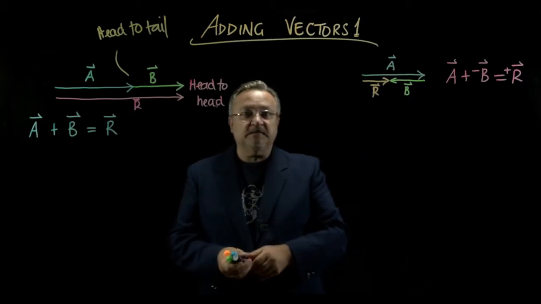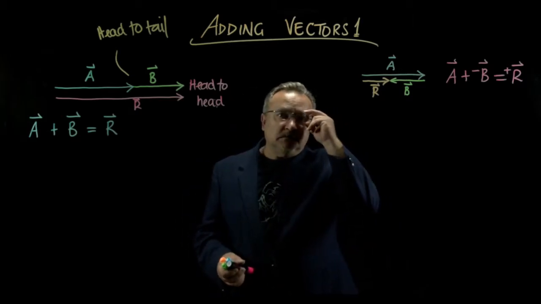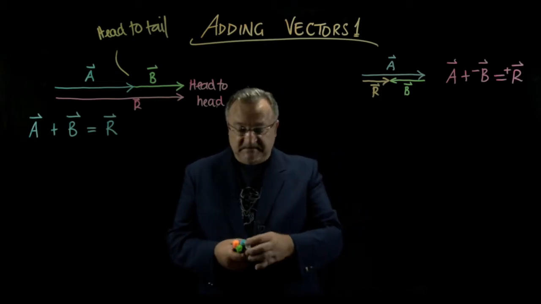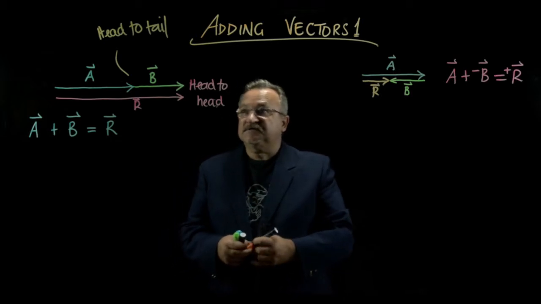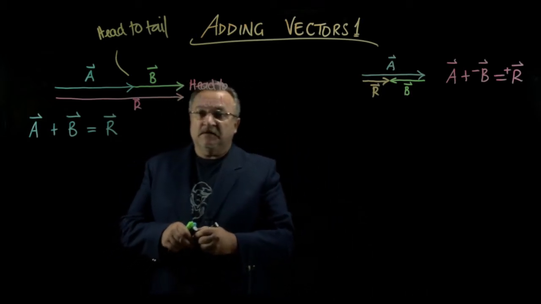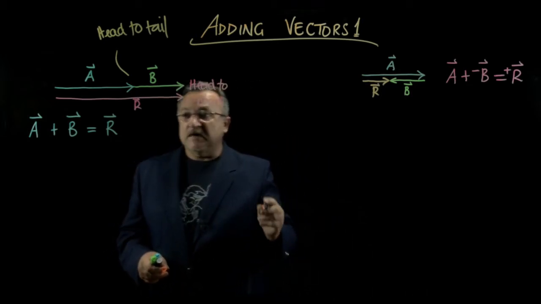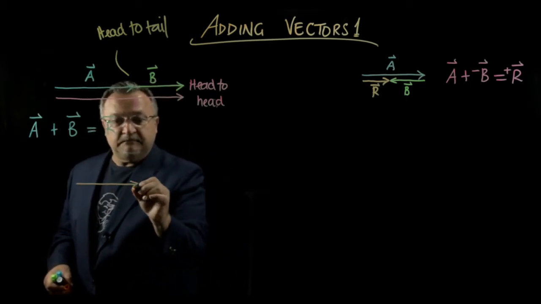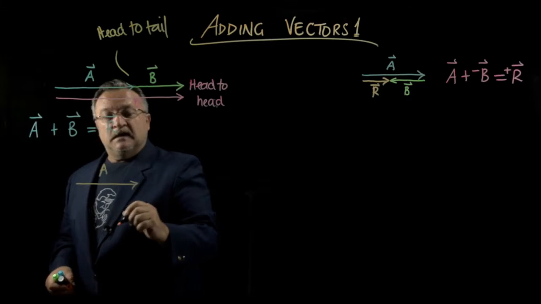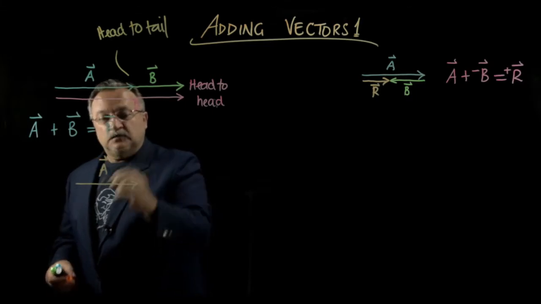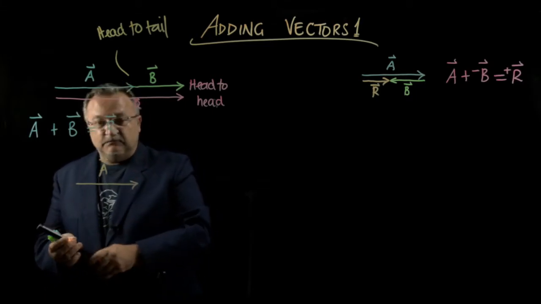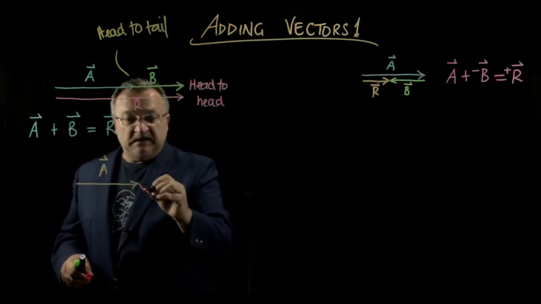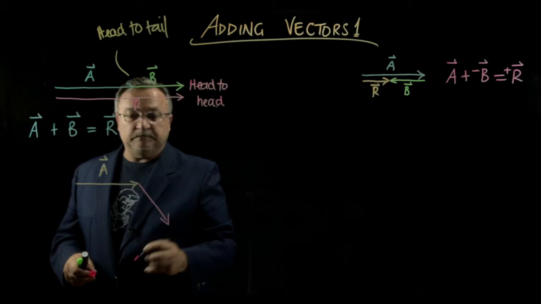Now, if we were to consider the two-dimensional nature of vectors, we do something a little bit different. Let's try that now. So we're not using vectors here in one line. So let's draw vector A again, and we'll draw vector B, which is not in line with it, but might be at a slight angle like this.